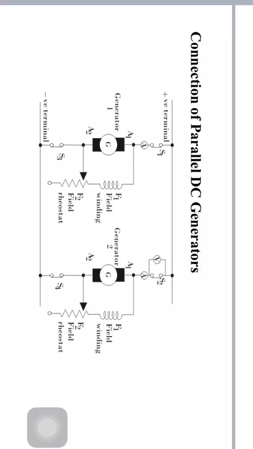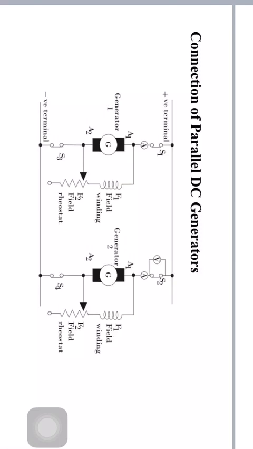So shunt generator 1 is connected to the bus bars and supplying the load. When the load on the power plant increases beyond the capacity of this generator, the second shunt generator 2 is connected in parallel with the first to meet the increased load demand.